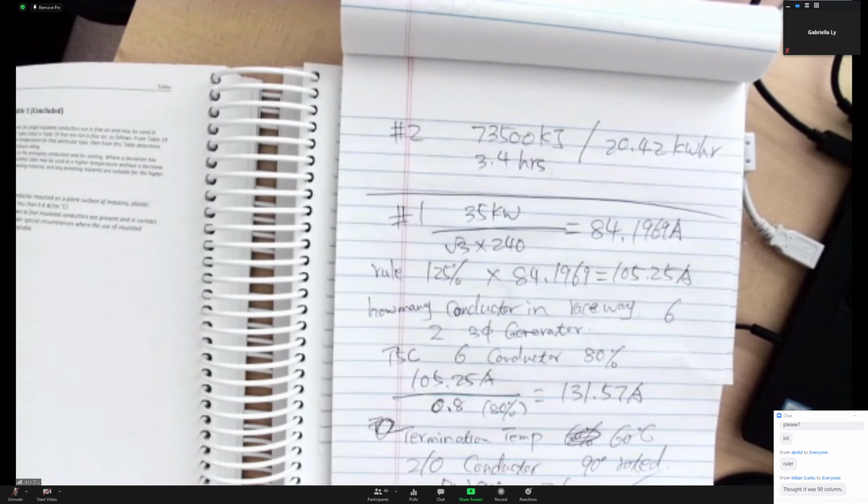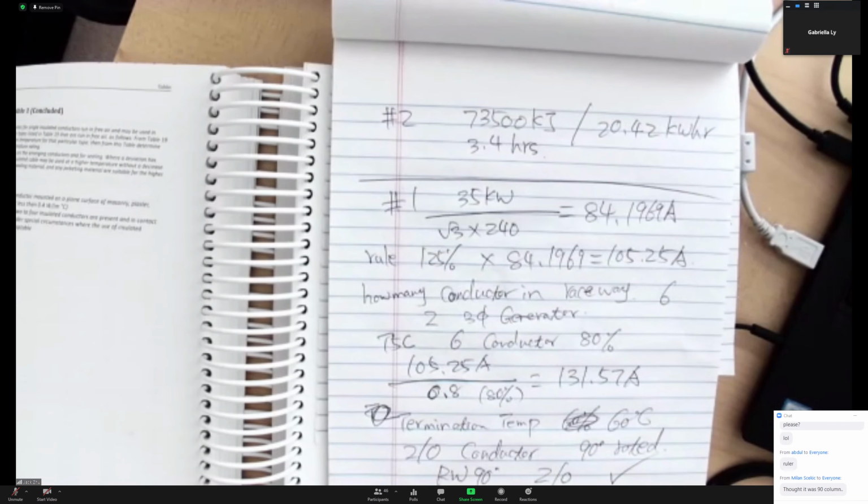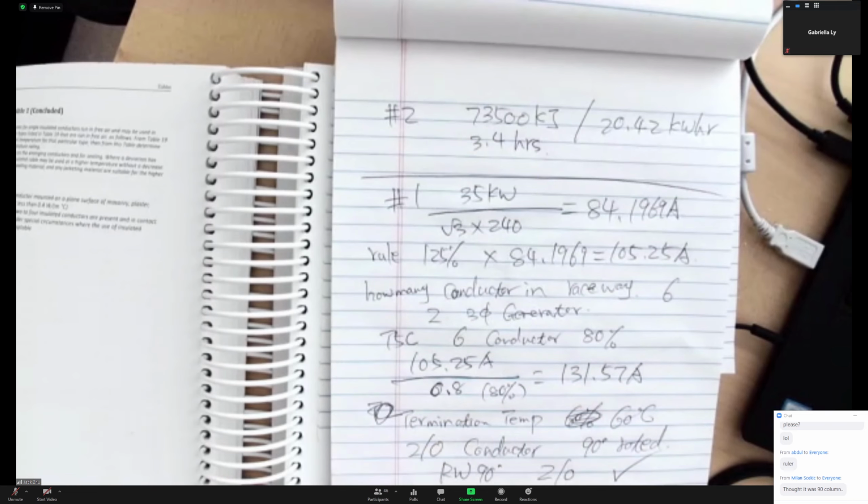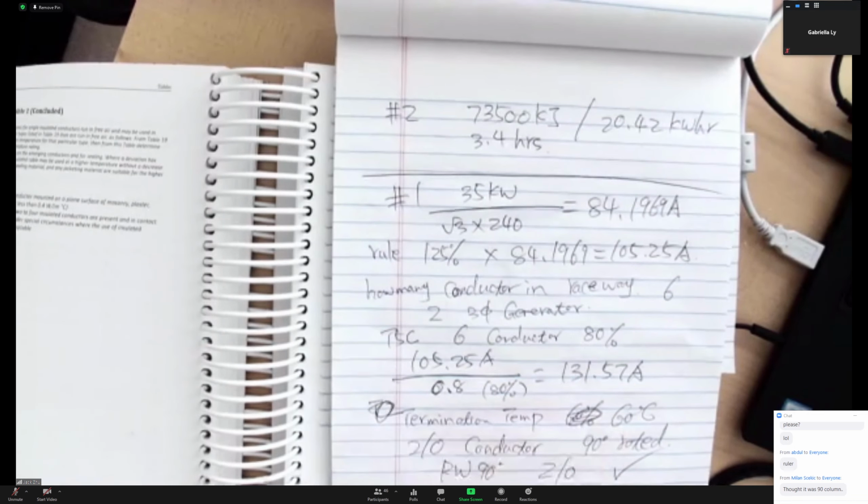Right? Because the purpose of supplying this large conductor is so that for this conductor to carry this current, it's not going to cause the temperature to go over 60 degrees. If you pick a smaller conductor to carry this current, the temperature will go over 60 degrees.